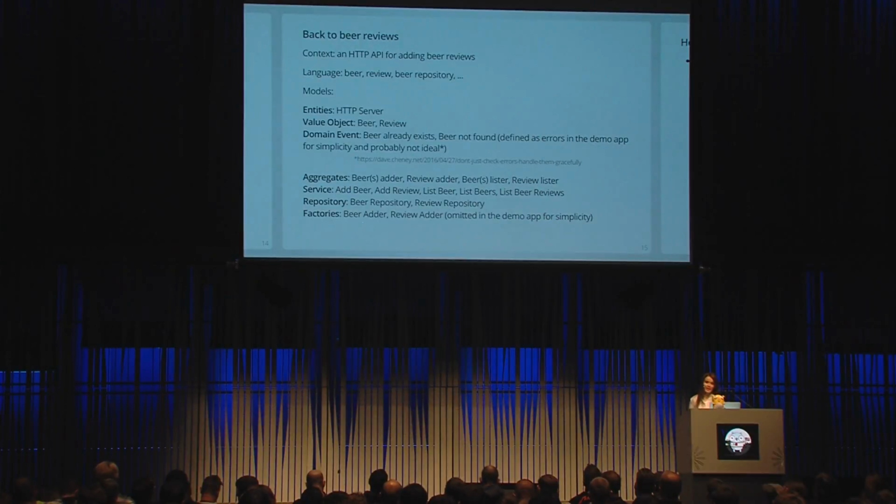And then the aggregates, well, we can have a beer adder, a review adder, a beer lister, a review lister. Those are the things that will help us deal with the value objects and actually make them do what we want them to do. Services: add beer, add review, that's your endpoints. The repository is obviously a beer repository and a review repository.